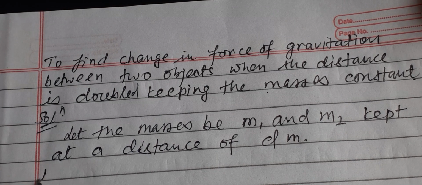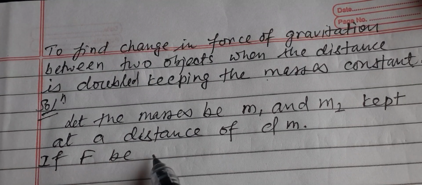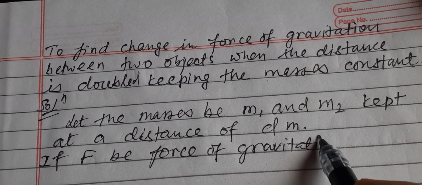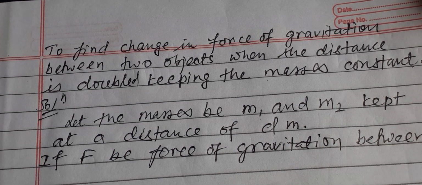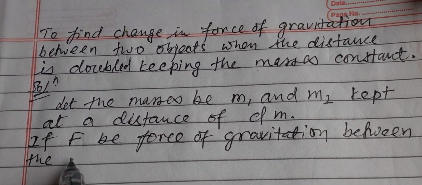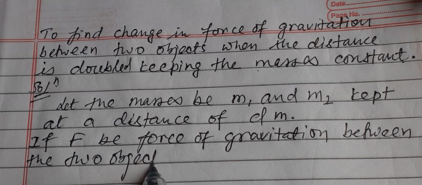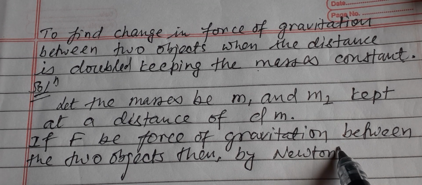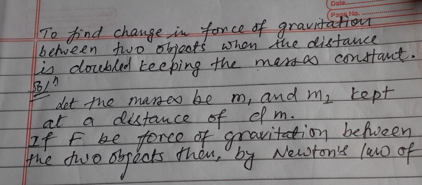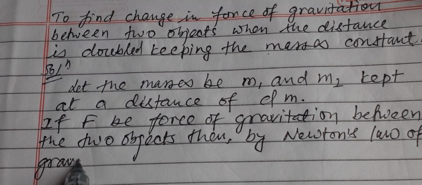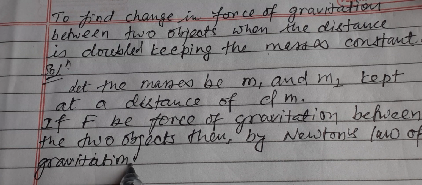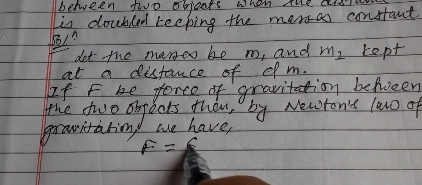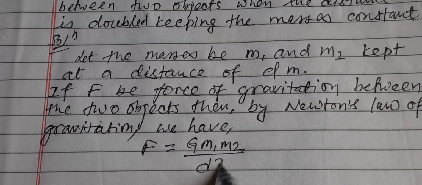If F be the force of gravitation between the two objects, then by Newton's law of gravitation, we have F equals G times m1 m2 by d square.